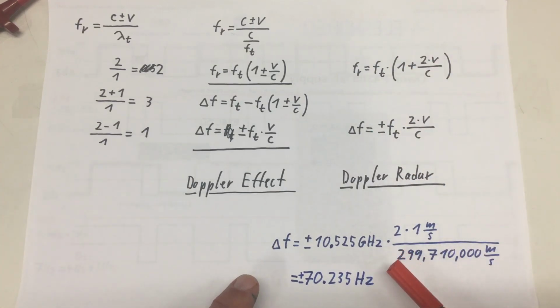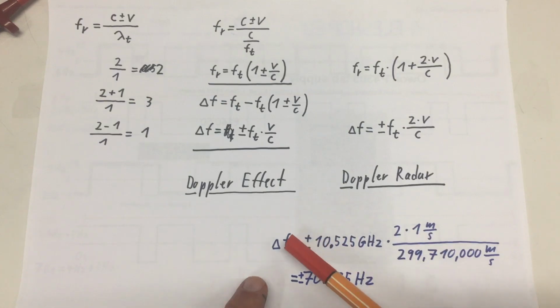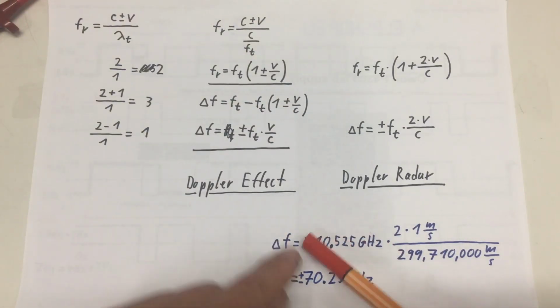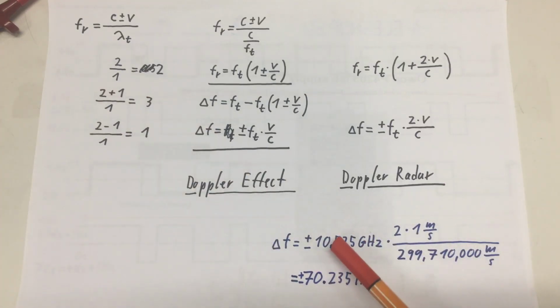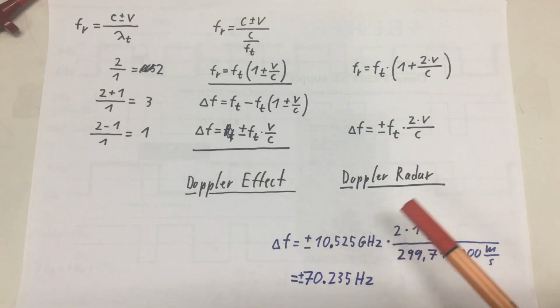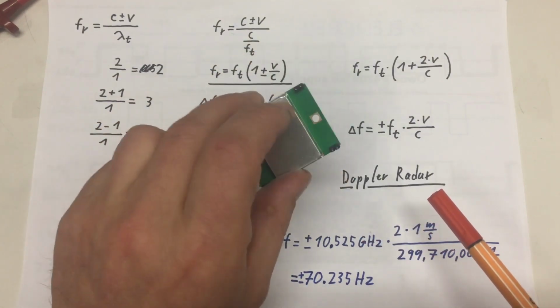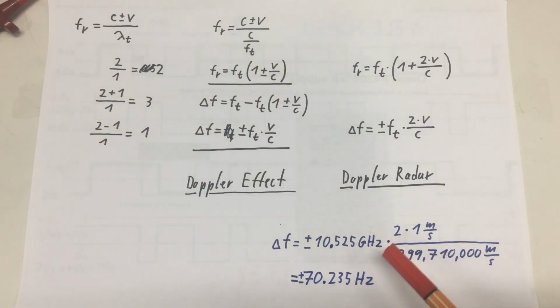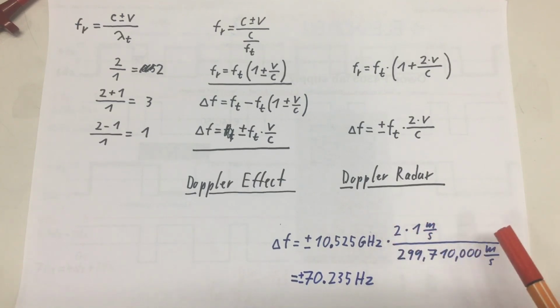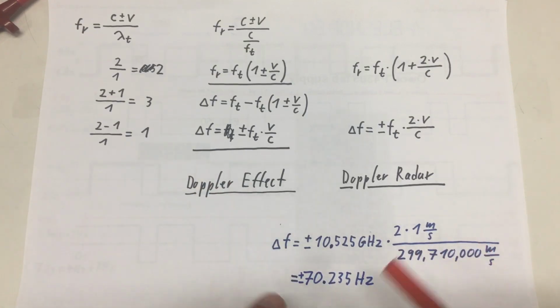And if we put numbers to that, then our delta F in my hand-waving example was plus minus 10.525 gigahertz, that's supposedly the oscillation frequency of the transmitter here, times 2 times 1 meter per second divided by the speed of light in atmosphere, so I won't read that out, and that gives us roughly 70 Hertz.